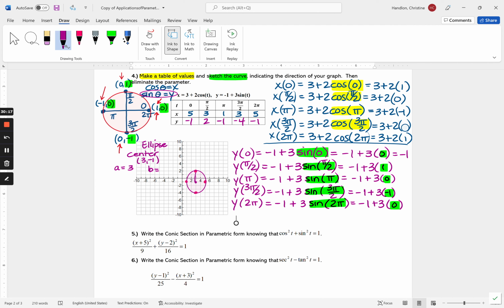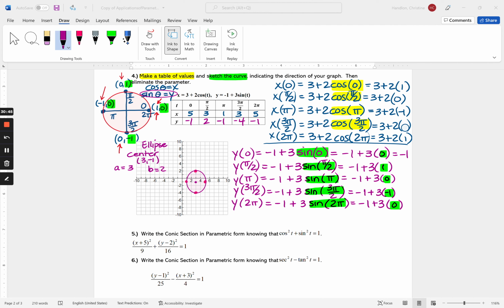Your B distance was the distance from the center to the co-vertex, and that distance there is a 2. So I'm going to put this as a 2. Hopefully you guys are visualizing that well enough to see that information, and you'll see why I'm asking you to look at that. Here's the connection that I want you guys to make.